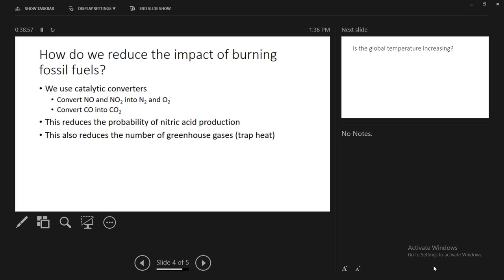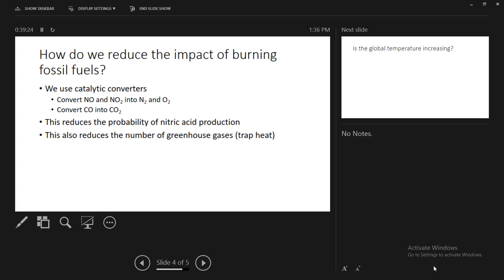Right? Have you ever seen this written on the back of a vehicle? This is zero emissions vehicle. It works for vehicles that are fully electric. This is partial zero emissions vehicle.